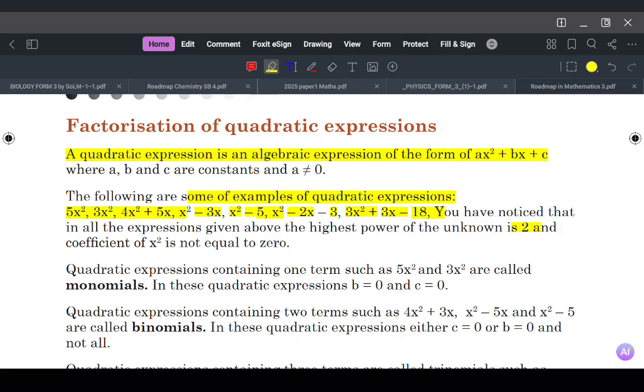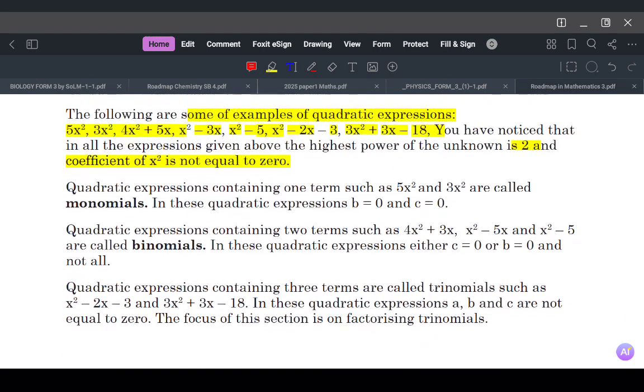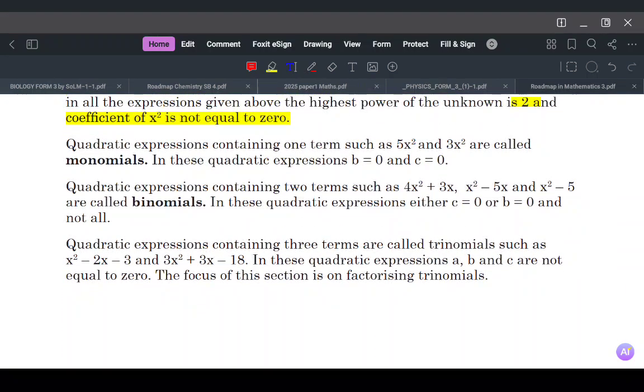And the coefficient of x squared should never be equal to 0, because if the coefficient of x squared is 0, then it's going to collapse to 0. Therefore, the expression will no longer be a quadratic expression. So a should never be a 0. Otherwise, you end up multiplying 0 by x squared, and then the expression will collapse to 0.